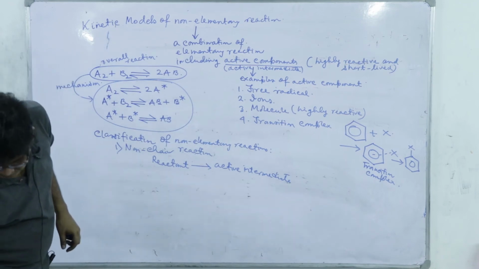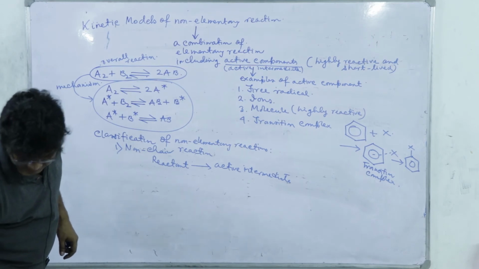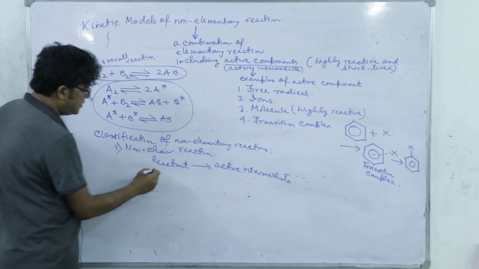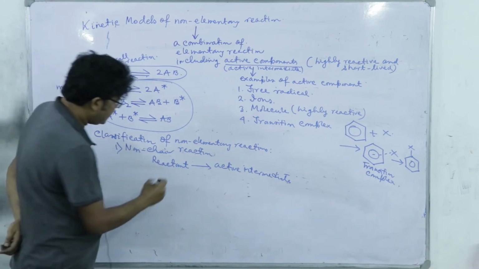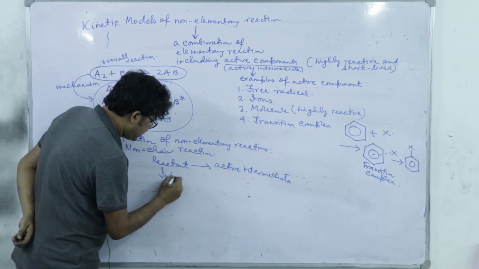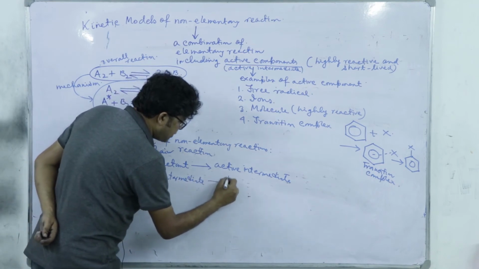Right. So we use this: reactant, intermediate, giving product.